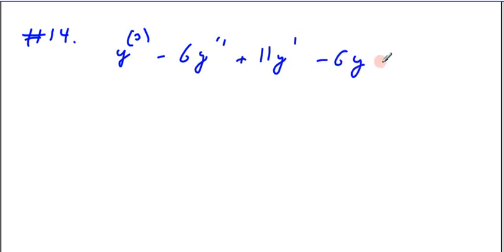Okay. We have a third order homogeneous linear equation and 3 independent solutions. Find the particular solution satisfying the given initial conditions. Okay, so that should be easily enough done. 14. The third derivative, minus 6y double prime, plus 11y prime, minus 6y is equal to 0.